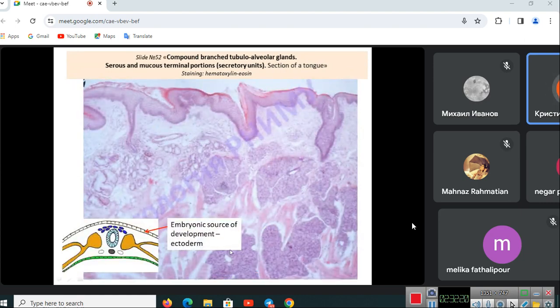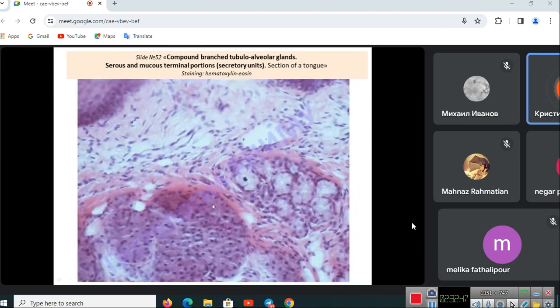Embryonic source of development is ectoderm, the same as for the epithelium which covers the surface of the tongue. Here you can see the group of secretory portions of the mucous gland because it is pale in color, and here you can see the duct leading to the surface of this epithelium.